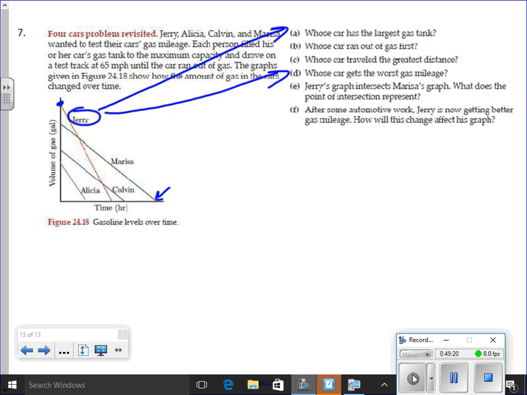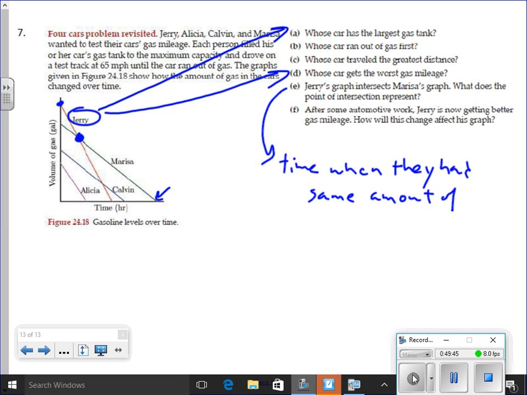Jerry's graph intersects Maria's graph right here. What does that point of intersection represent? It means that's the time when they had the same amount of gas.